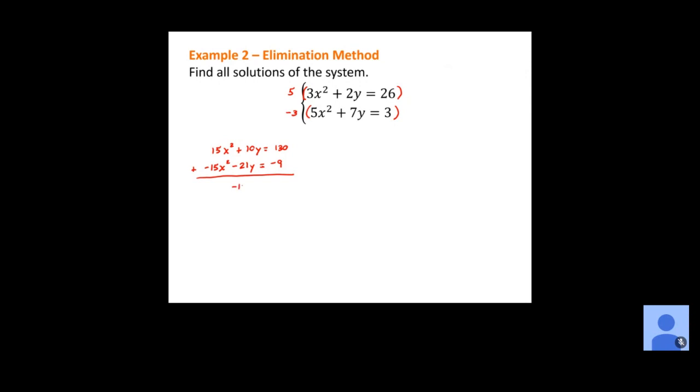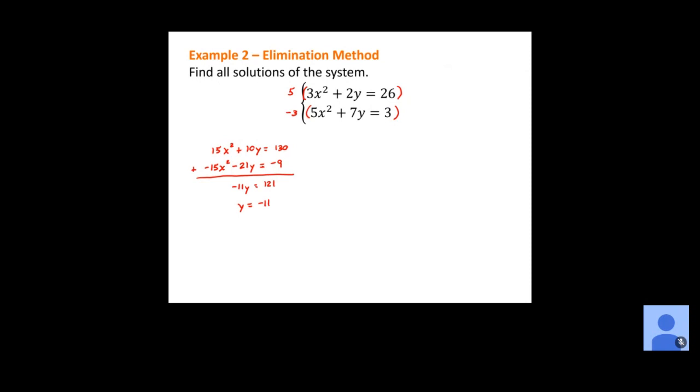Good. So we get a negative 11y, and that's equal to 121 now. So now when we solve for y, what should we get? Good. So divide by -11, y is going to equal -11.